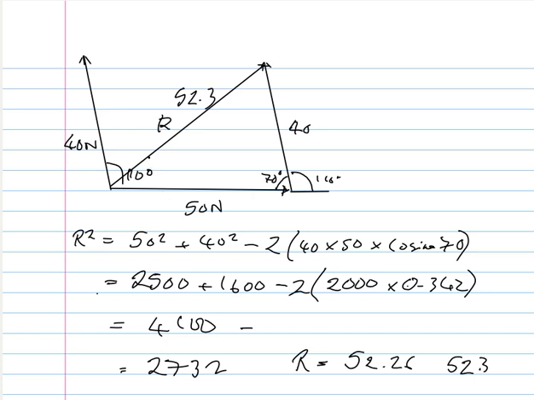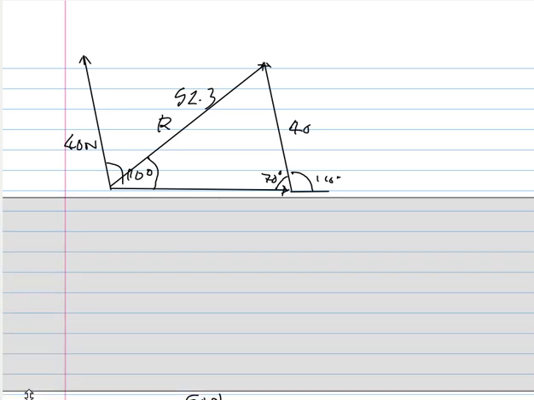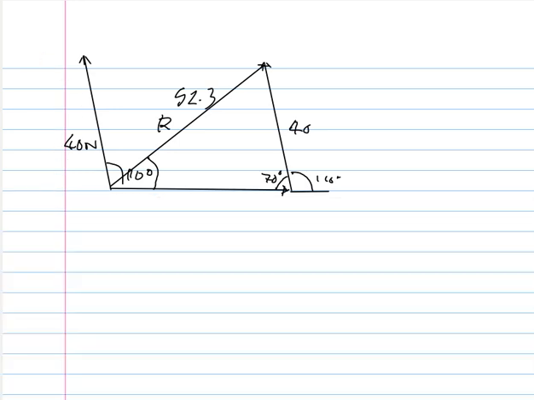Now we need to work out this angle here. So let's make a little bit of space for that. And to work out that angle, we can, whoops, it's got a mind of its own. We can invoke the sine rule, which says that r over sine 70 is equal to 40 over sine of that angle.